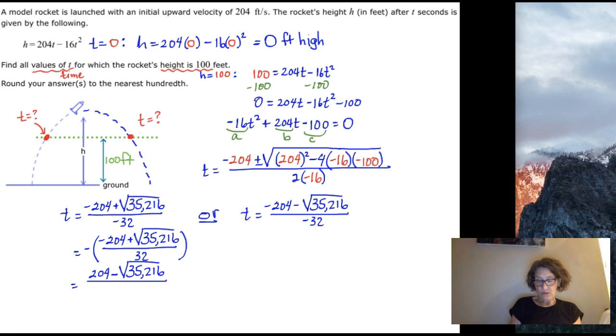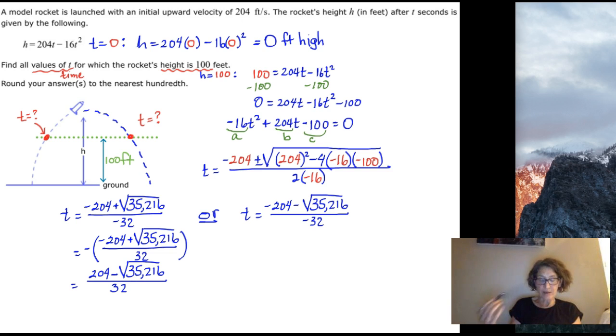And that's all going to be over positive 32. And now that is going to turn out to be a positive number because the square root of 35,000 is smaller than 204. And if you don't believe me, put it in your calculator.